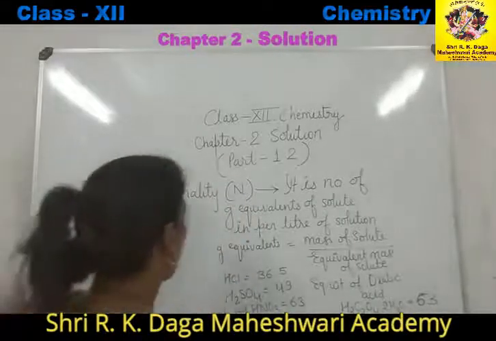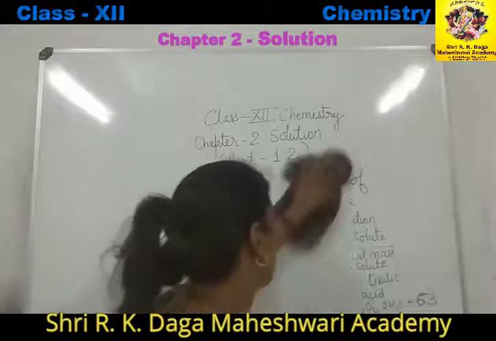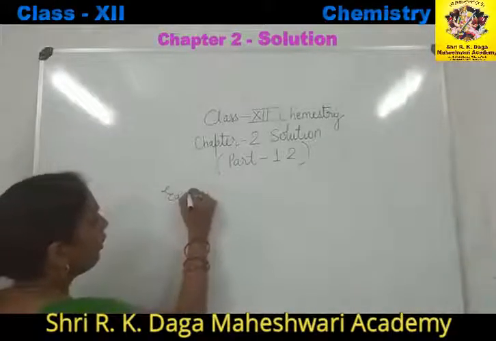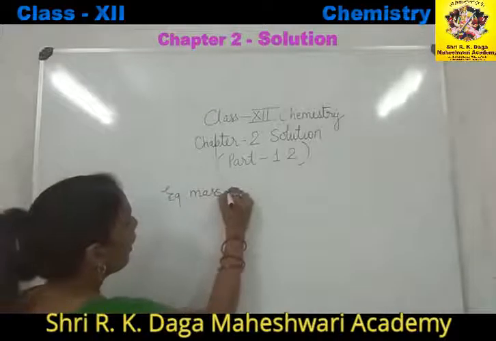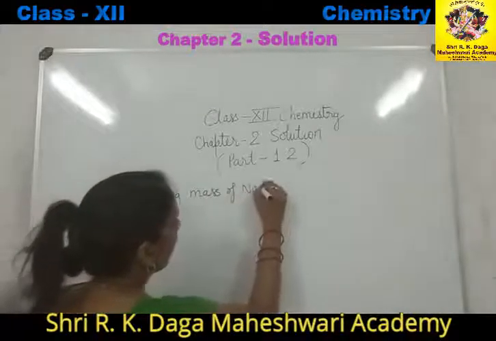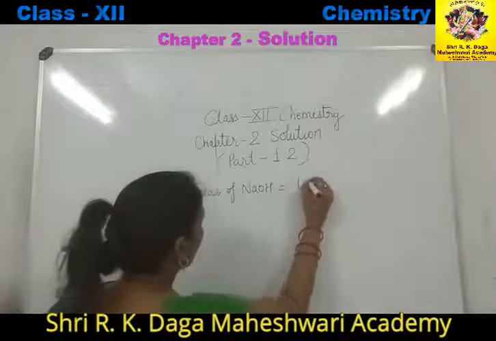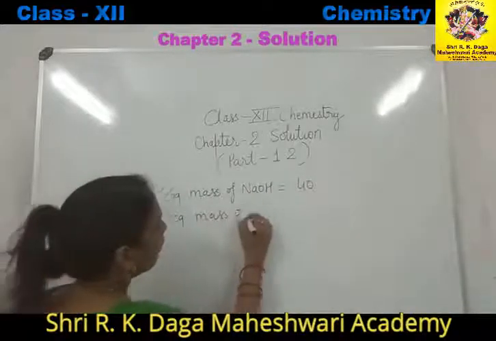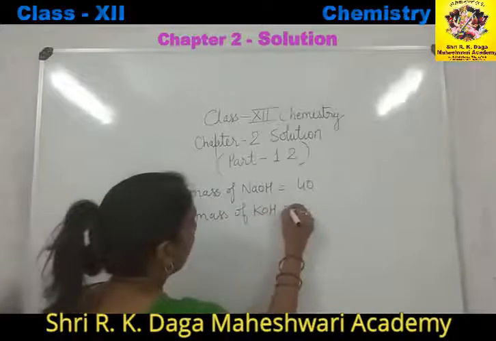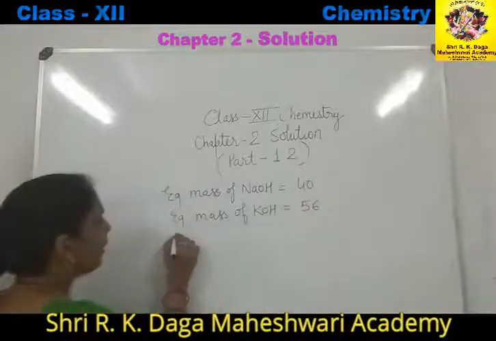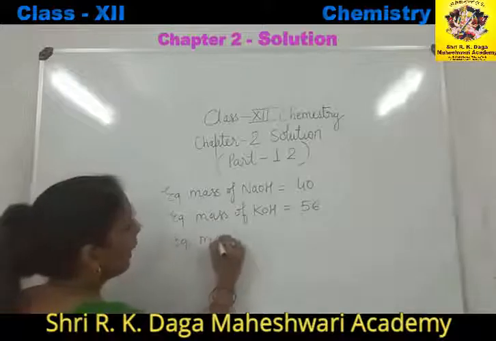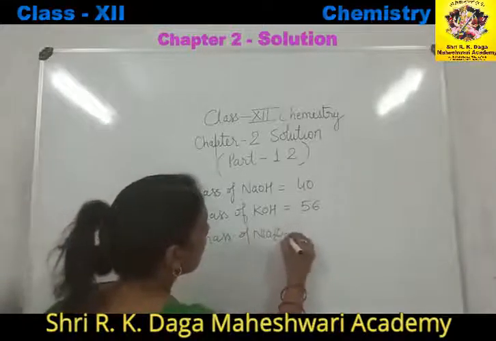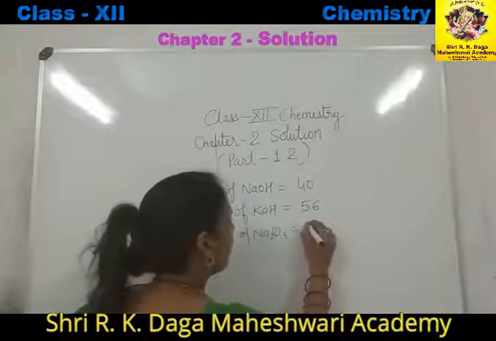Some more equivalent masses: the equivalent mass of NaOH is 40, of KOH is 56, and of sodium carbonate, Na2CO3, is 53.